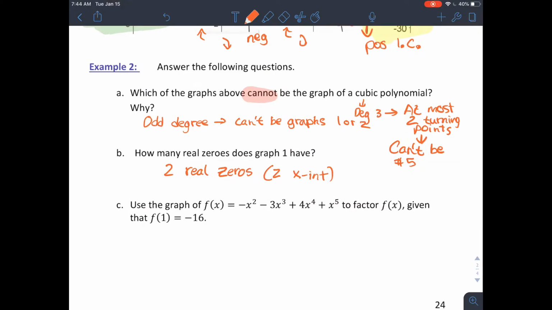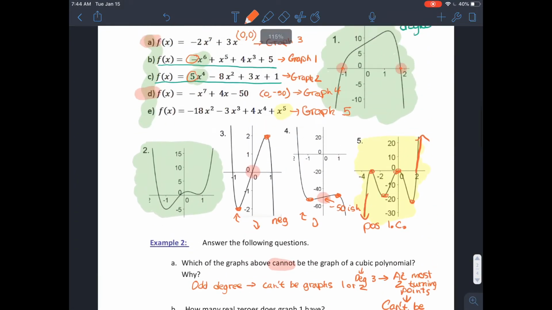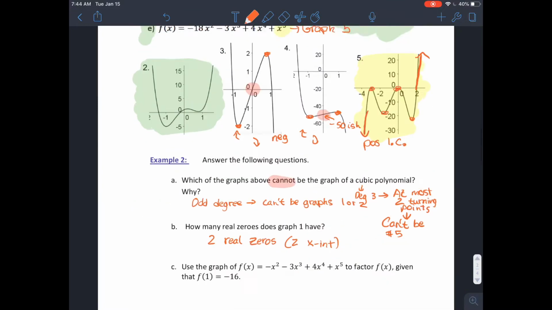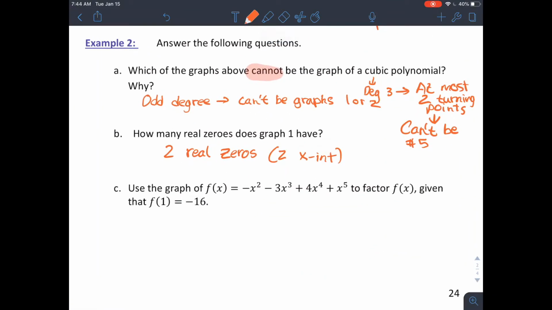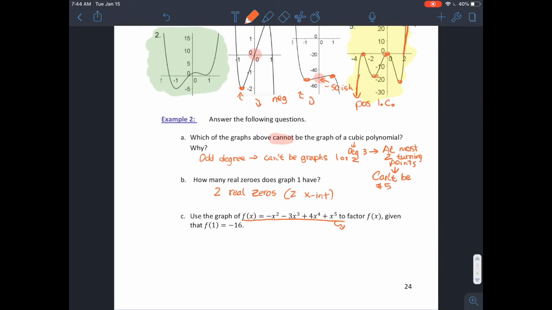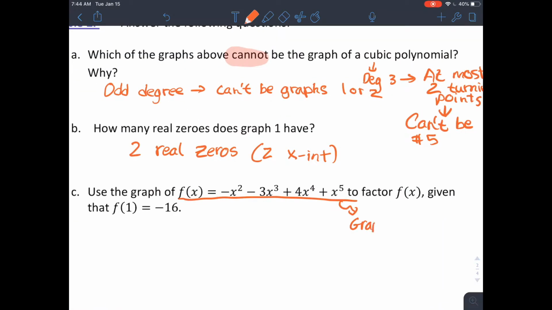And part C, we're supposed to use the graph of this polynomial, which we matched to graph 5. We're supposed to use that graph to factor our polynomial f of x. So you can use your x-intercepts to start with some initial factors.